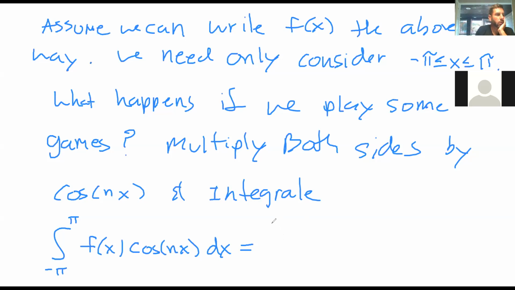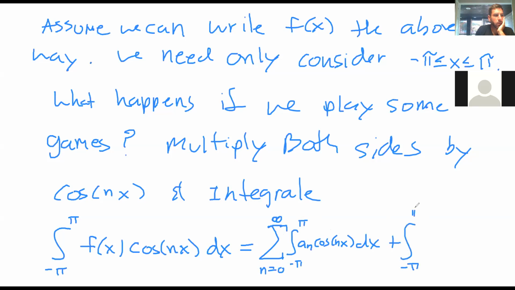So on the right-hand side, I'm going to have the integral of a sub n cosine of nx dx, and then of course this is plus the integral of b sub n sine of nx dx.